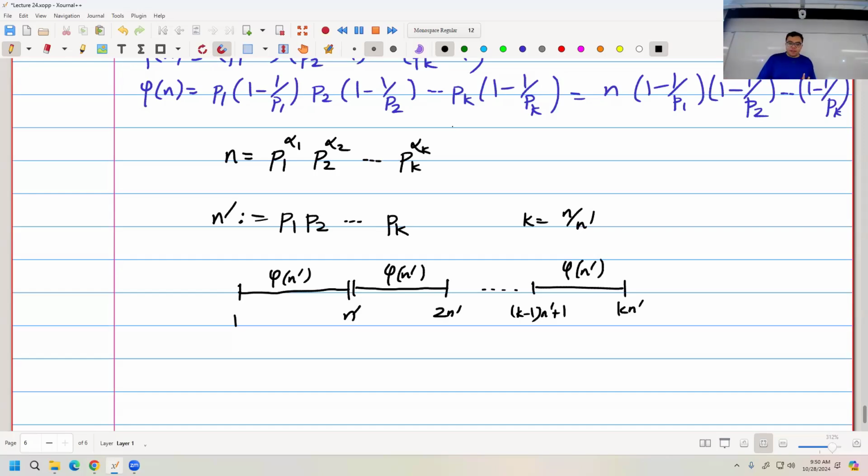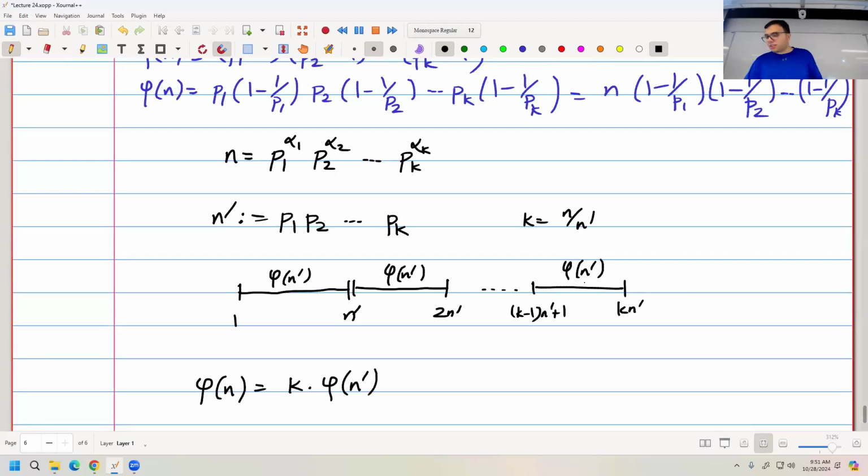But again, the numbers that are relatively prime to n prime are the same as the numbers that are relatively prime to n. So how many numbers in here are relatively prime to n? Just k times phi of n prime.